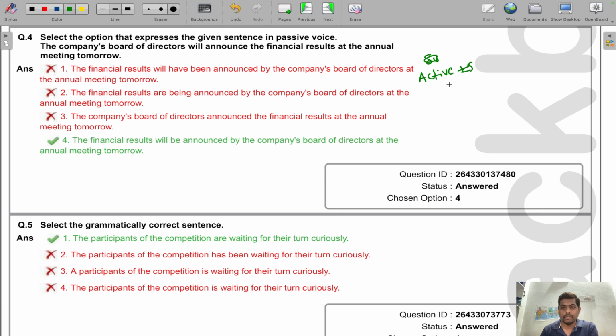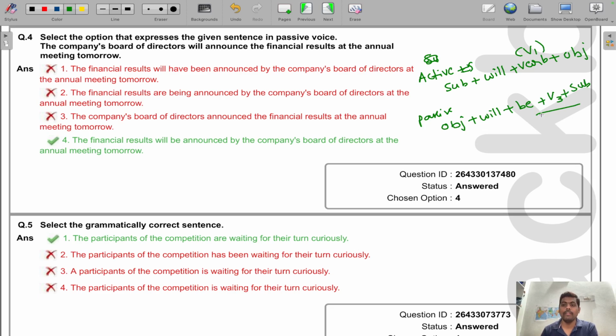Active voice is subject plus will plus verb plus object. And in passive voice, how will it change? It will change to object plus will plus be plus v3 plus subject. Sorry, the verb in the active voice is in v1 form. In future videos I won't repeat this, so just remember this one, guys.